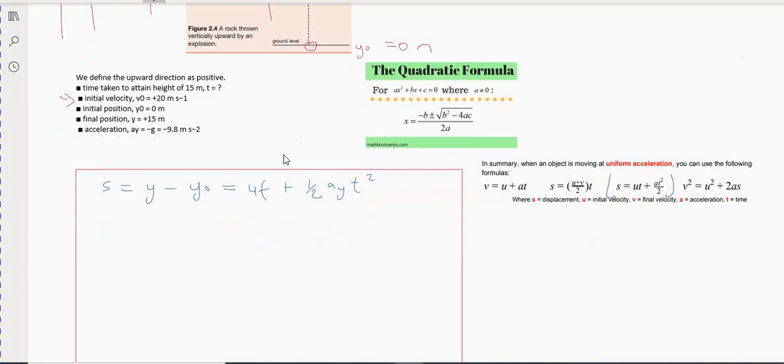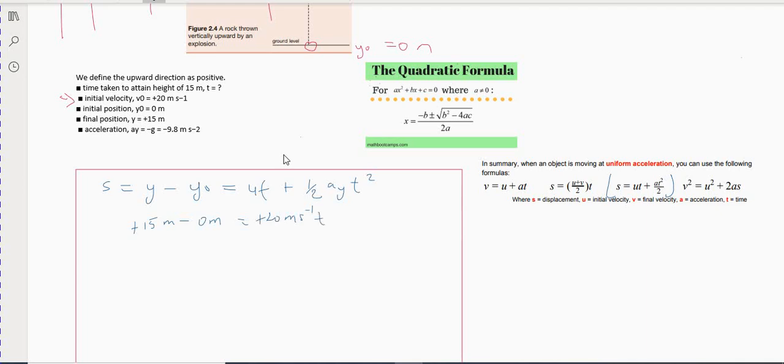So we know that y is positive 15 meters minus 0 meters, initial displacement rather. Then initial velocity now is positive 20 meters per second. And all of that is multiplying by t.